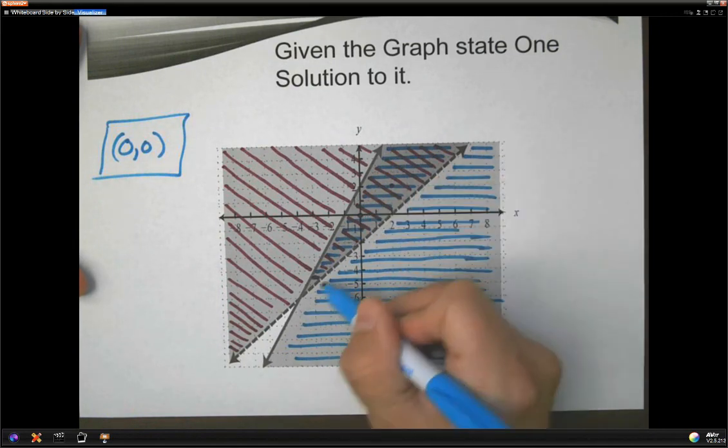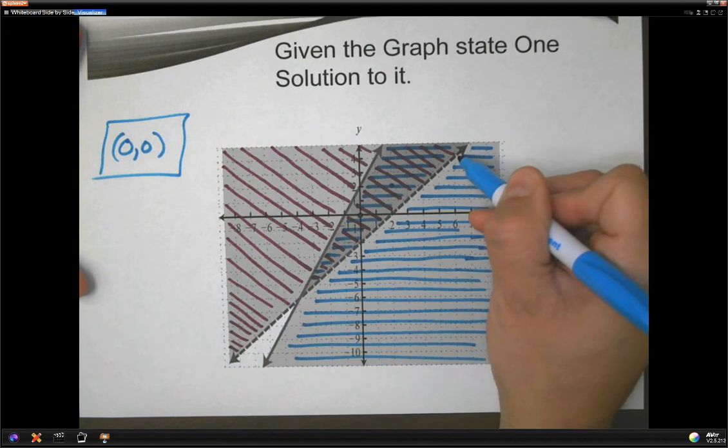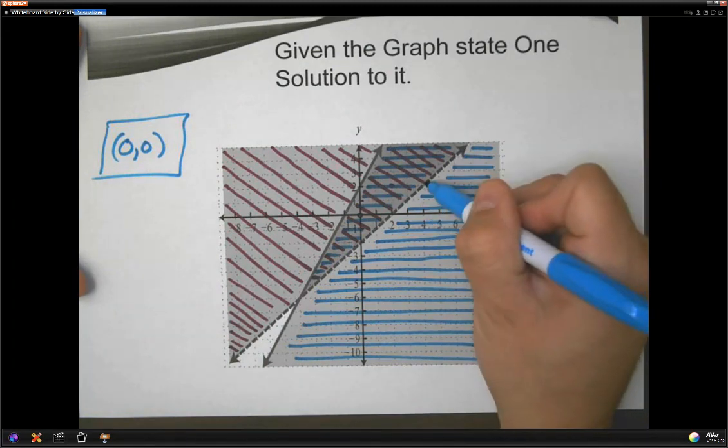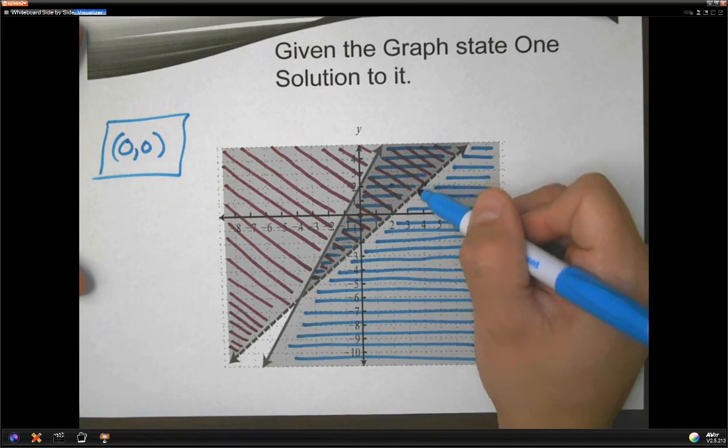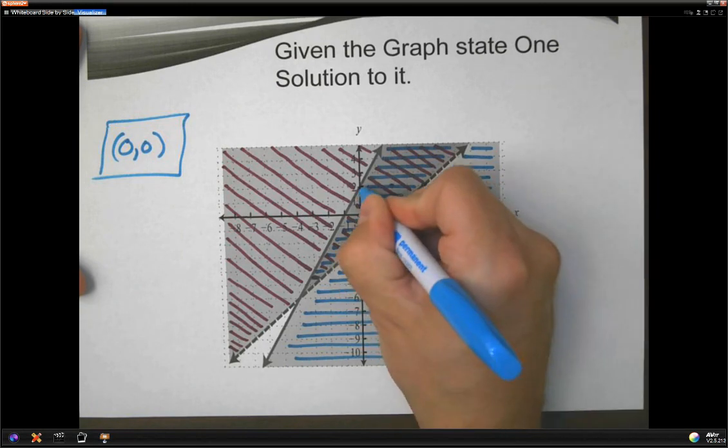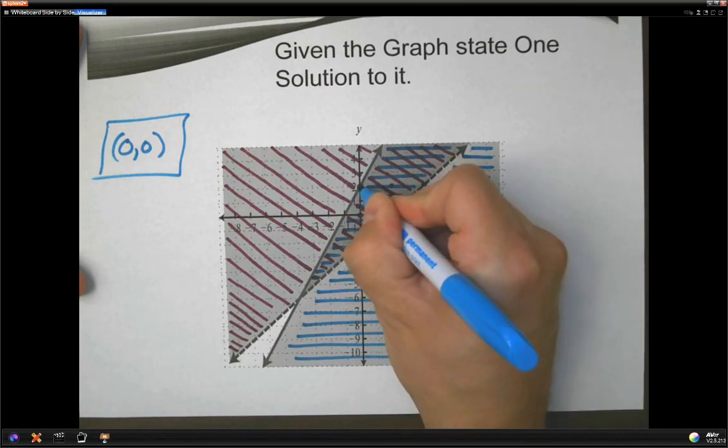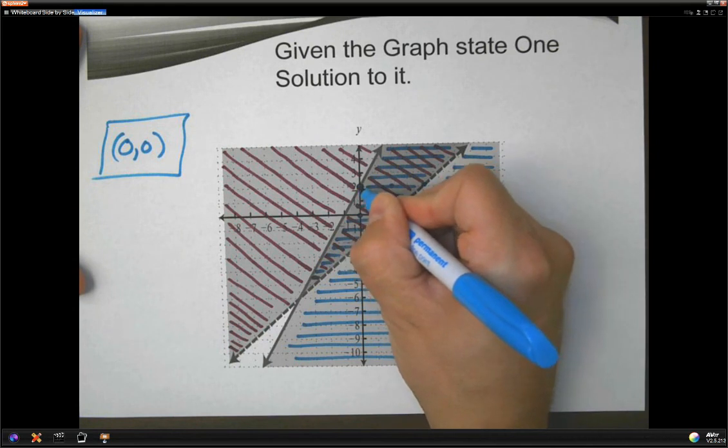Do remember on the dashed lines, those points aren't a part of it, right? So if I said 4, 2, which is this point right here, that would not be a solution because it's on the dashed line, and points on dashed lines are not part of our solution set. However, if I said the point 0, 2, which is this particular point right there, that is on the solid line.